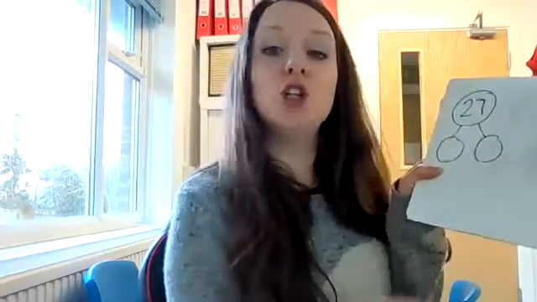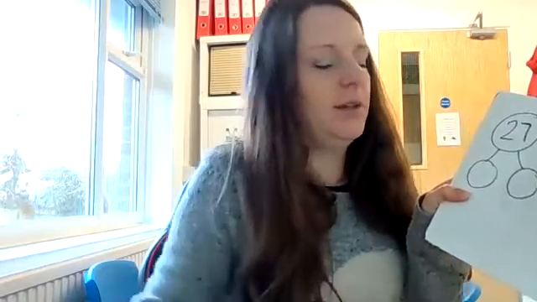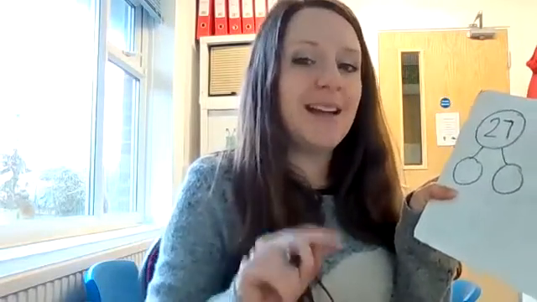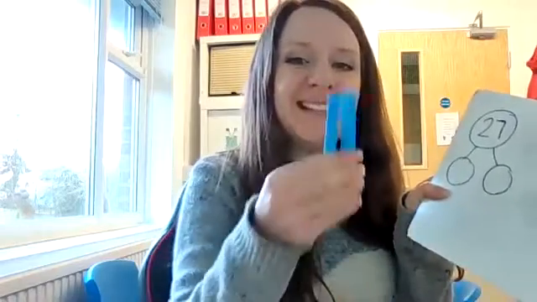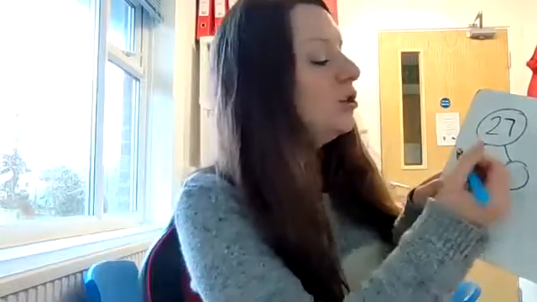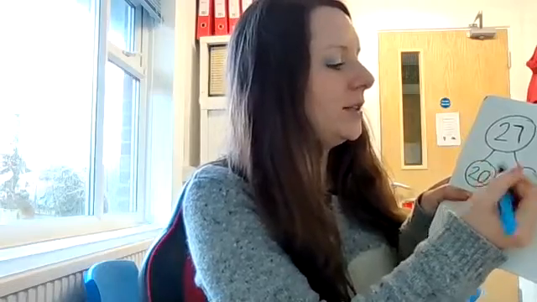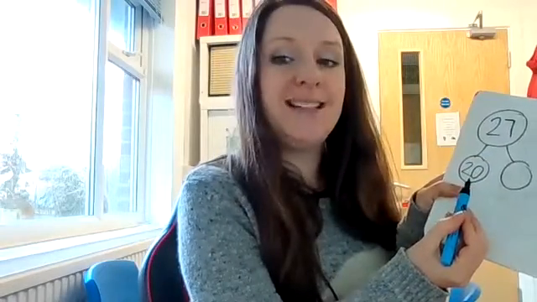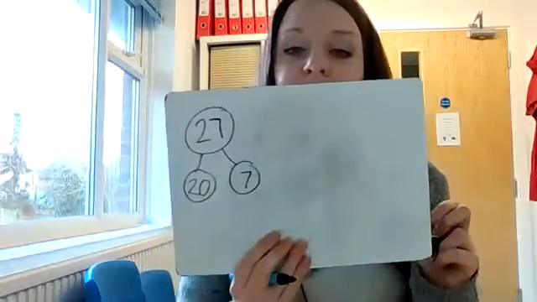Okay, so I've got 27. 27 is made up of 2 tens, we just said. So I don't write 2 because 2 is 2 ones. Okay, I write the 2 tens. And 2 tens is the same as having, I hope you said, 20. So I can write 27 is made up of 20 and how many ones? I hope you said 7.